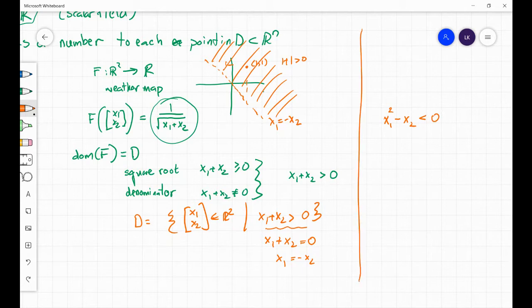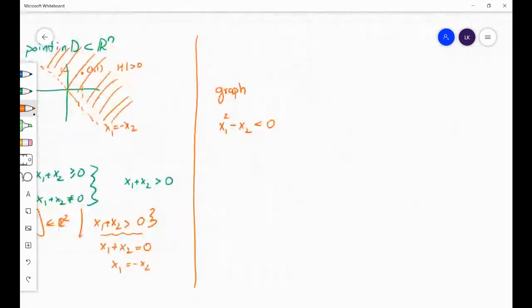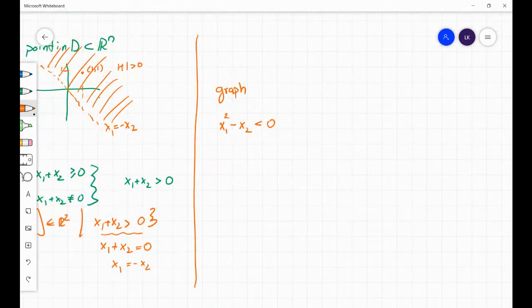How do you graph such an inequality? You consider the boundary of that inequality, since the graph of this is a region of R2. So that's when x1 squared minus x2 is equal to 0.